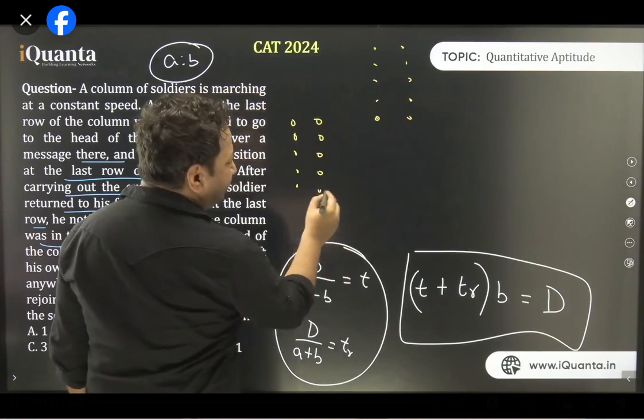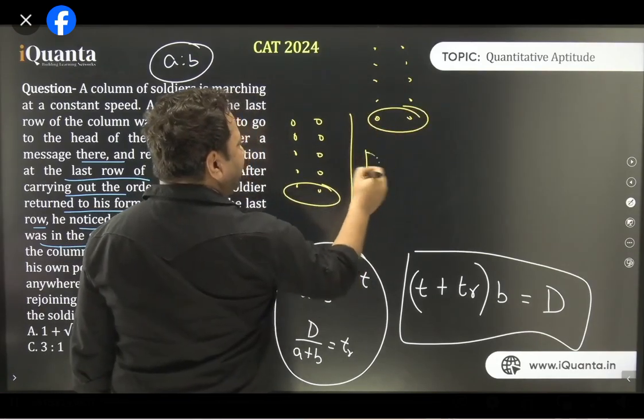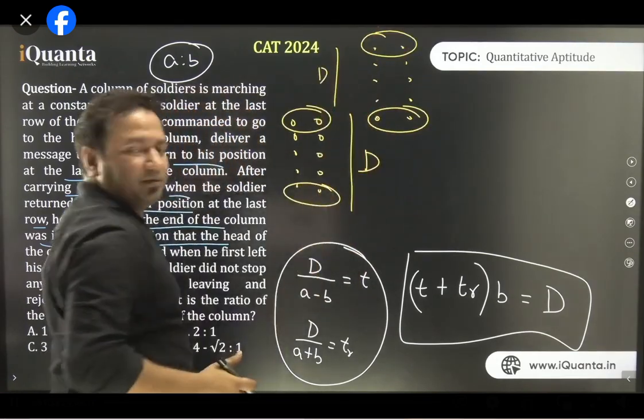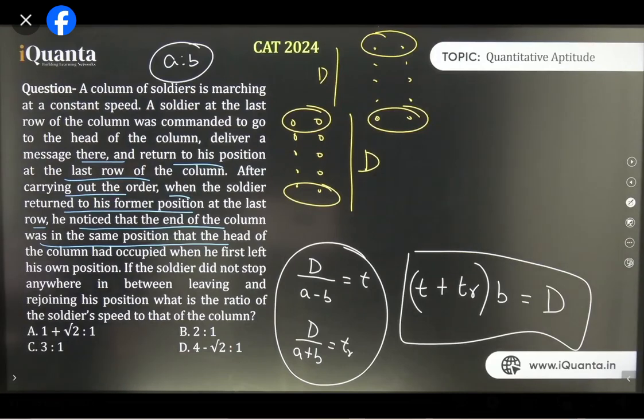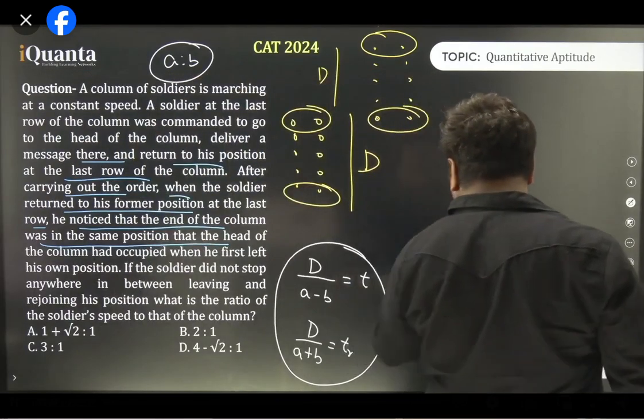So you can compare the last row to the last row, it's only D, or the first row to the first row, it's D only, or second row to the second row, third row to third row, right? Got it?